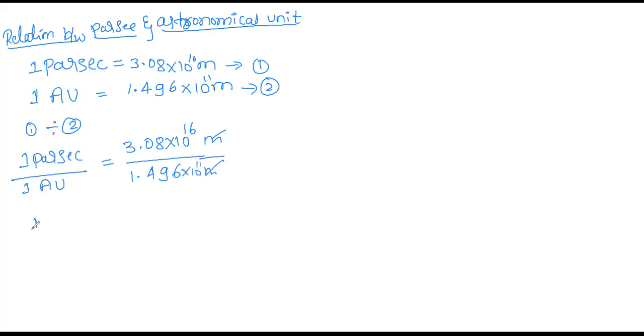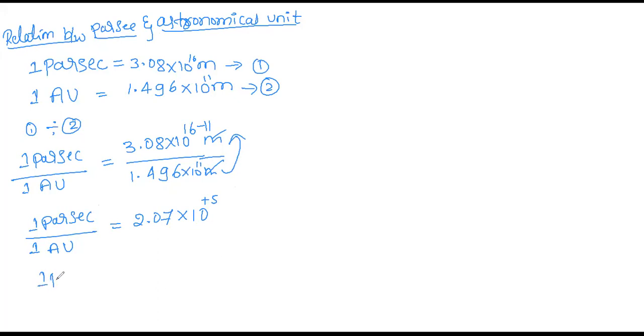Then 1 parsec divided by 1 AU is equal to 3.08 divided by 1.496, the value is 2.07 into 10 to the power of, this 11 goes to the numerator and becomes minus 11. 16 minus 11 is 10 to the power of plus 5.